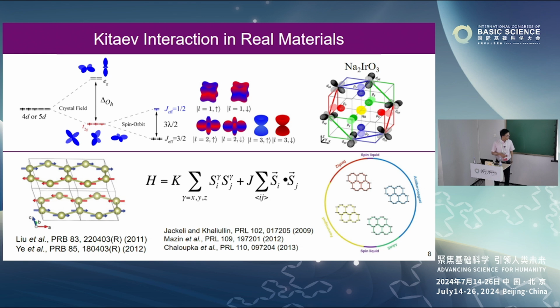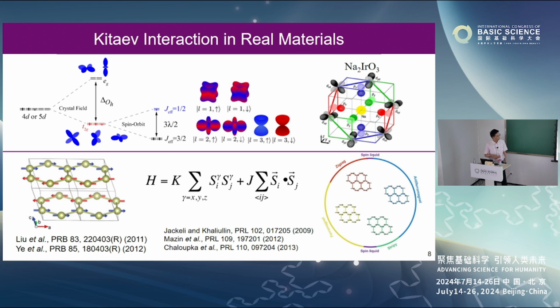You see this kind of long-range order, but it doesn't mean that seeing this is trivial. The reason is that theorists further proposed that the reason why you don't have the Kitaev quantum liquid state is that here the interaction is not pure Kitaev. It still has a finite Heisenberg interaction.